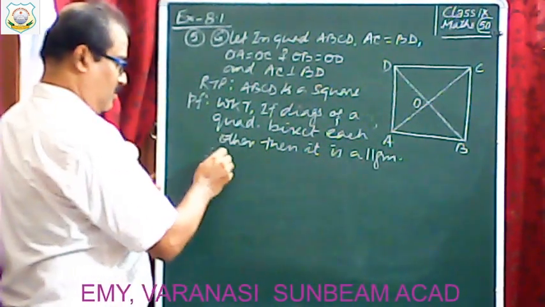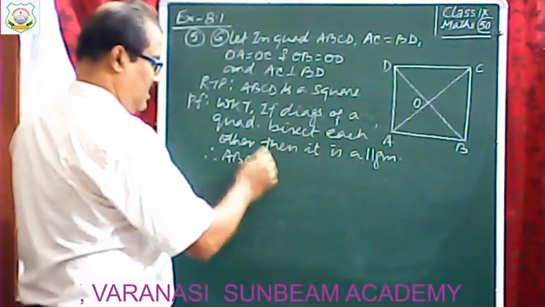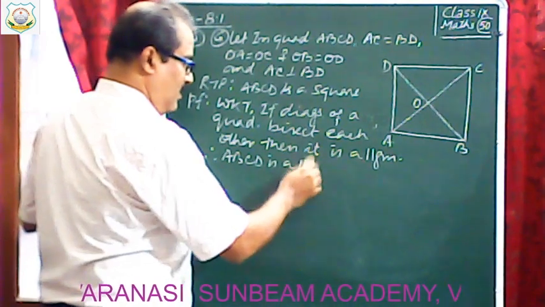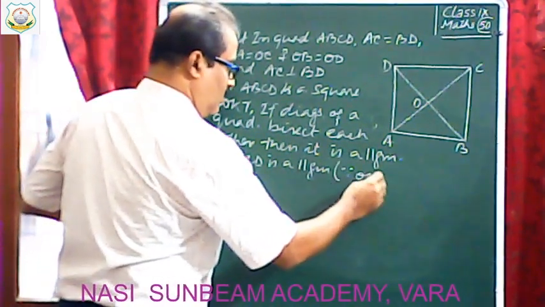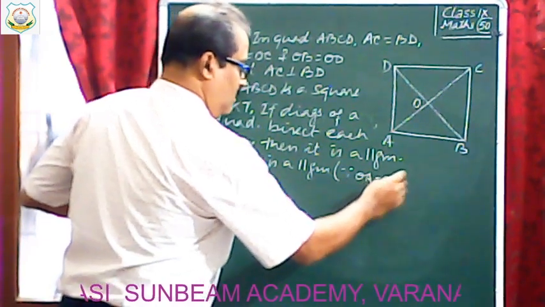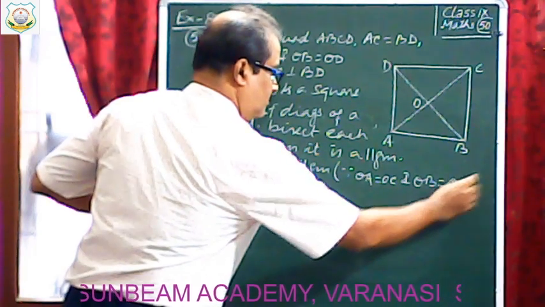So therefore, ABCD is a parallelogram. In bracket you can write also, since OA equal to OC and OB equal to OD.